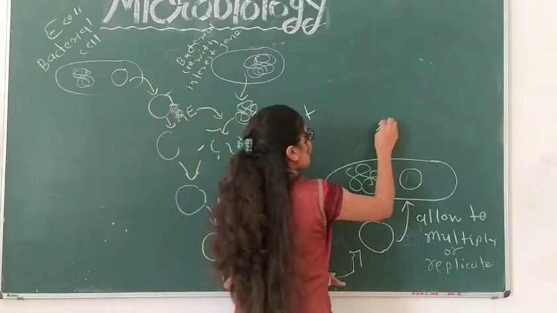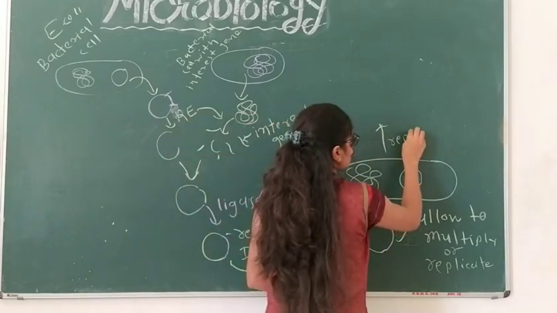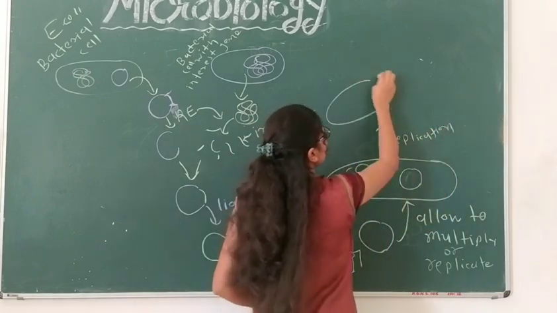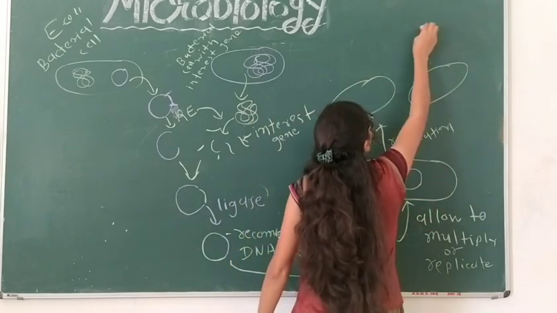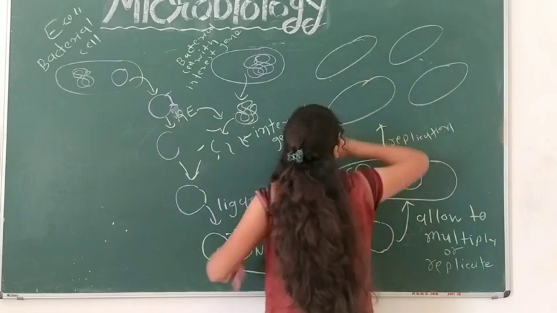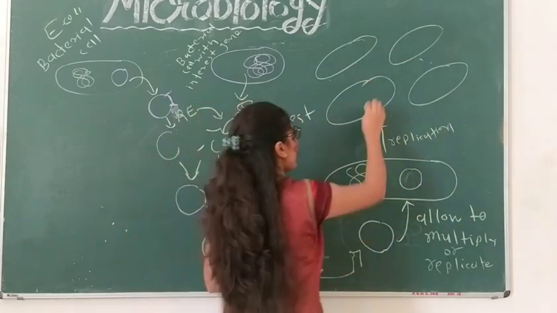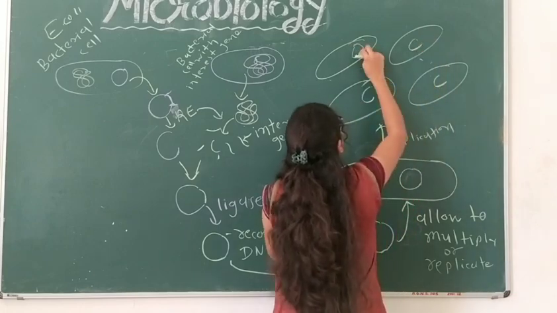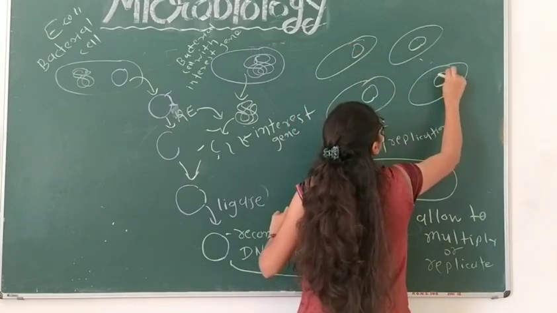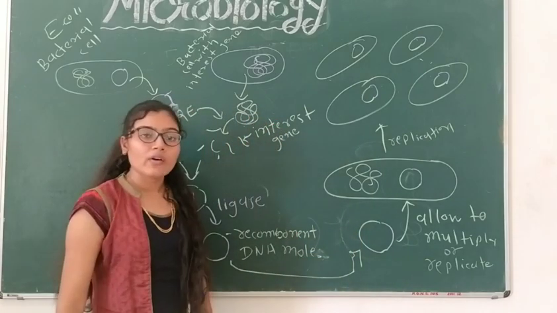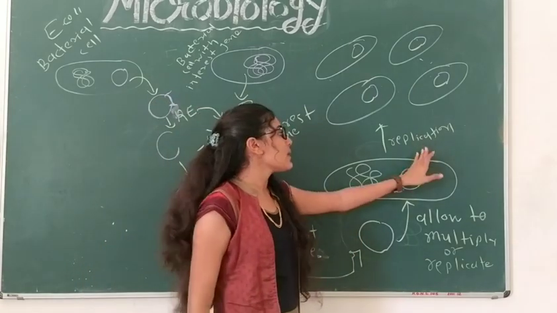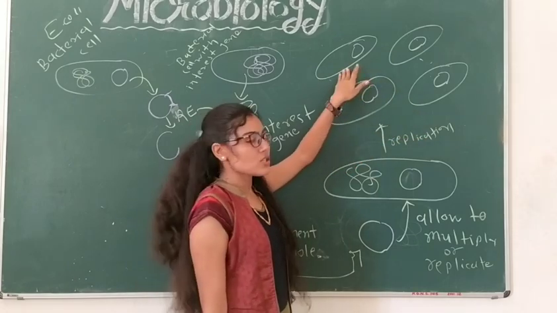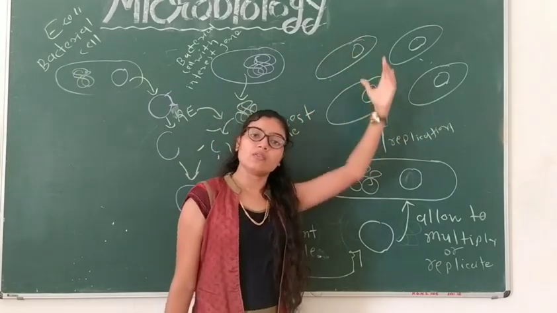After replication we will get large numbers of bacterial cells that all have that recombinant DNA molecule. Now our desired product will be present in large amounts. Now it will be isolated and then purified and then it will be used.